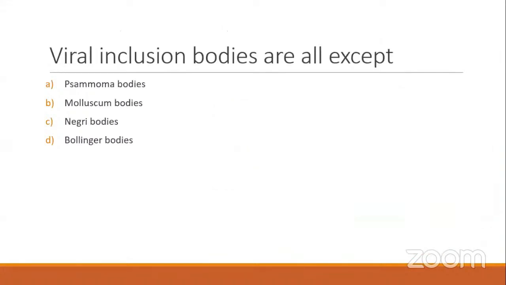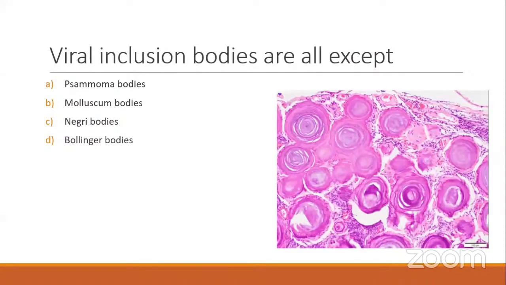Coming to the next important thing, this is usually an examiner's favorite. I will give examples of a few viral inclusion bodies in another upcoming slide. But anybody? Yes, it is actually the psammoma bodies. You might have heard of psammoma bodies in the pathology session in your second year MBBS, where they are calcium depositions, or due to hypercalcemia in a patient.